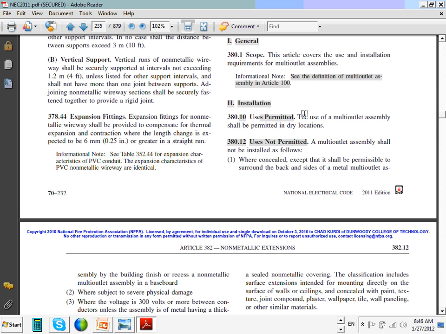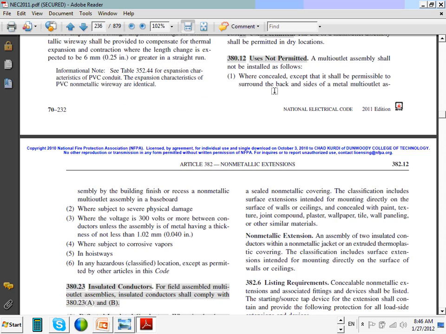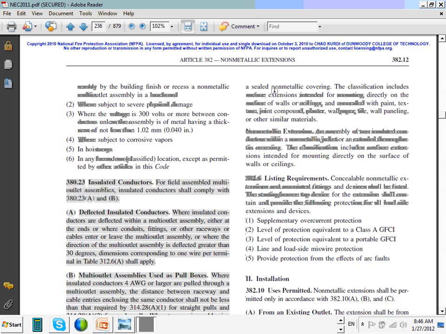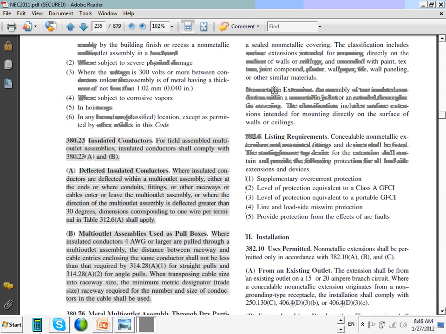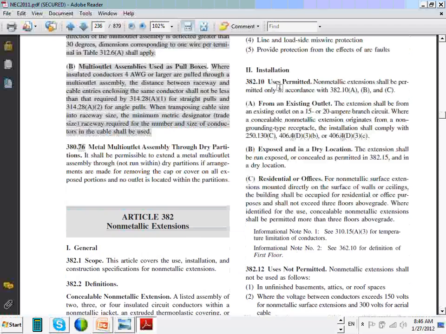Great application for an area that has concentration of loads, like in front of your desk: multiple laptops, multiple things that need to be plugged in. You put a multi-outlet assembly. We did the calculation for that one. You can get them in GFCI, and in a lot of other types.